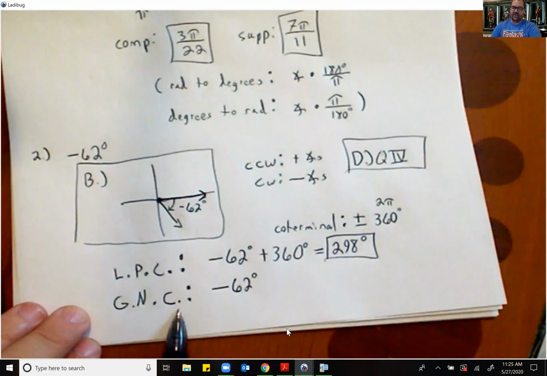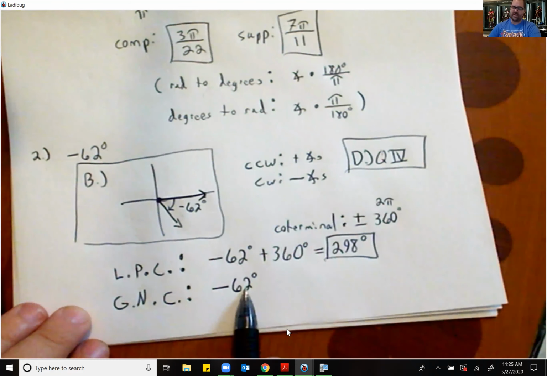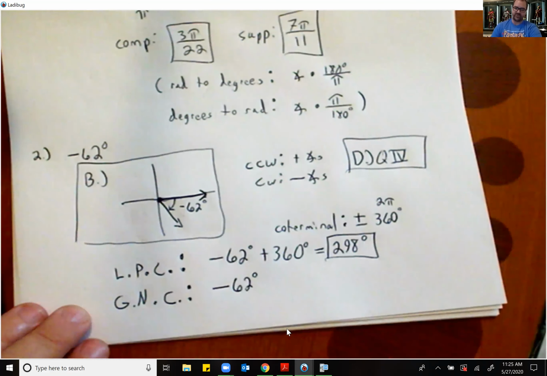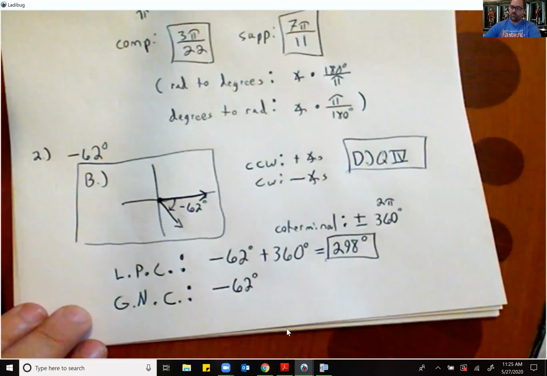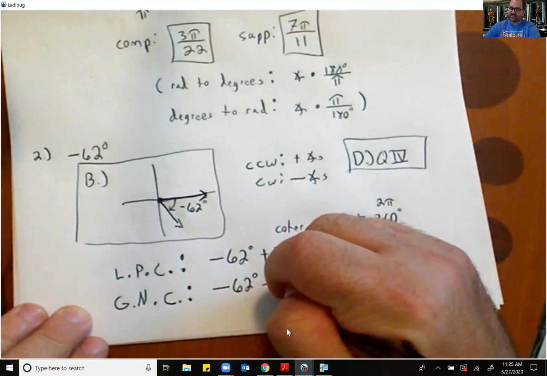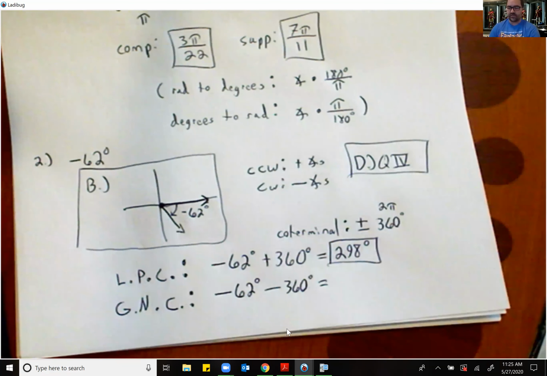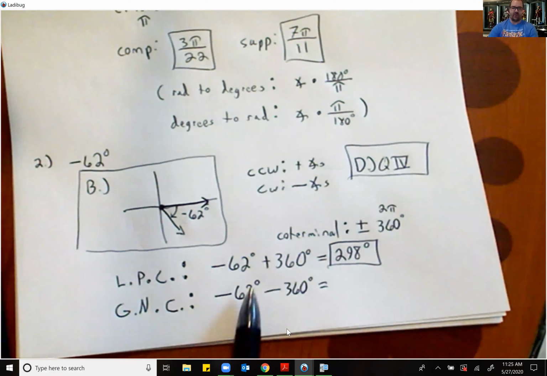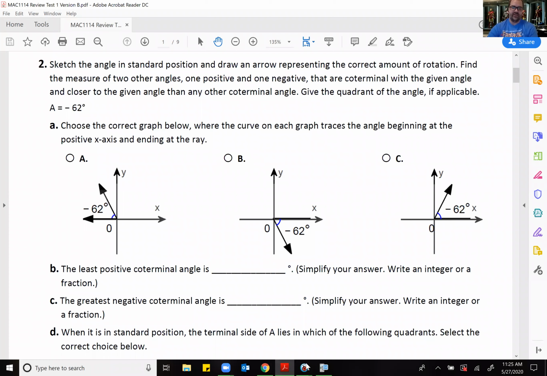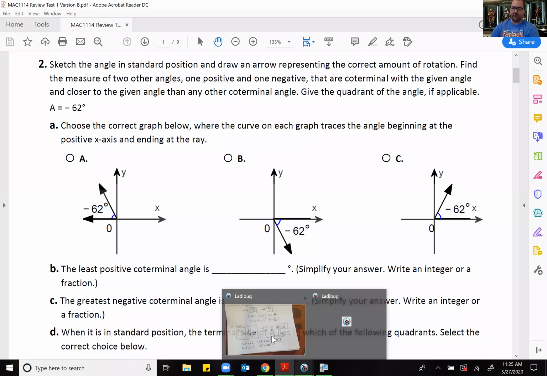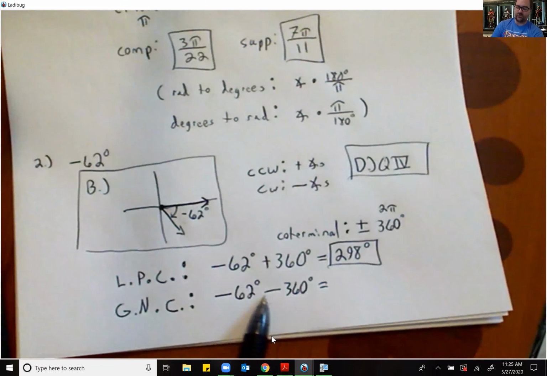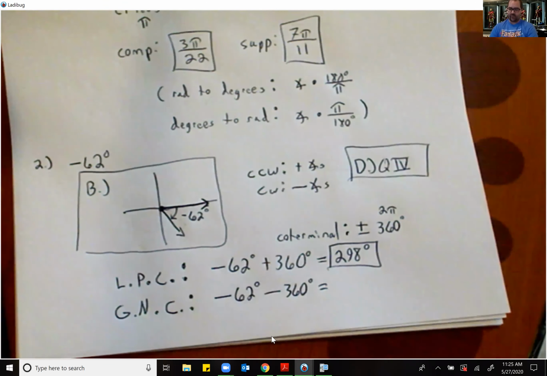But like I said, in the directions, they really want you to go one coterminal angle even more in the negative direction. So here we're going to subtract 360 one time, even though negative 62 really is the greatest negative coterminal angle. See why I say this vocabulary is not very good. All they want you to do is go one more angle negative and one angle that is positive around the given angle.